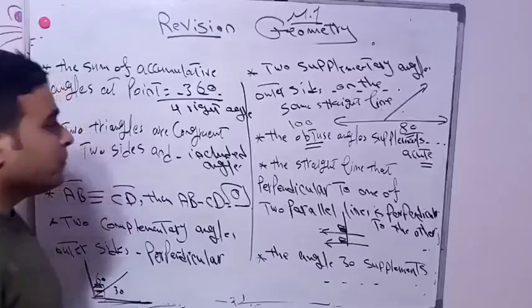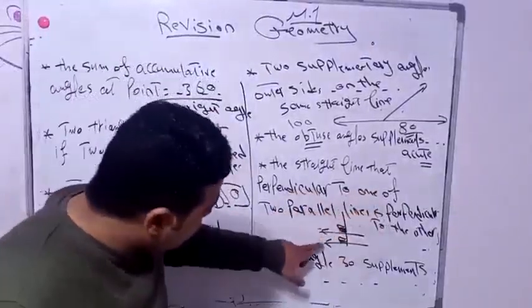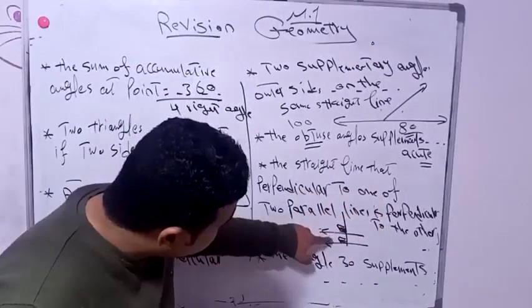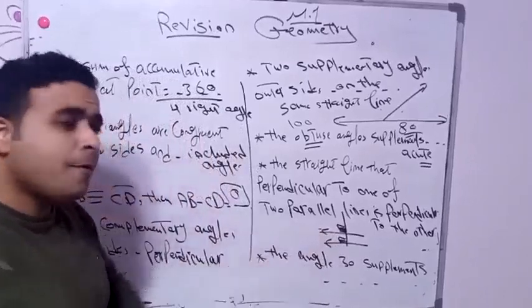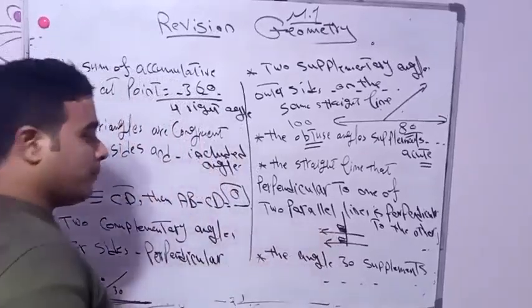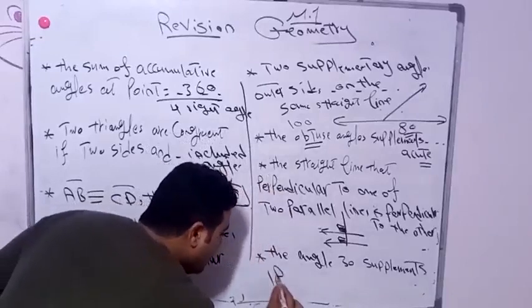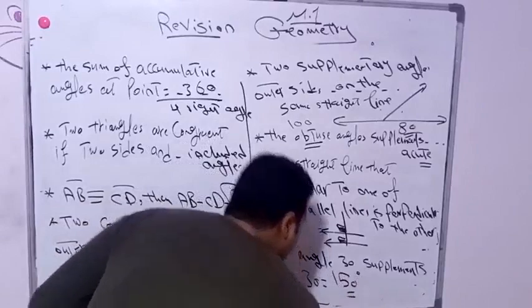I have two parallel lines like this, and a straight line perpendicular to one of them, so it is perpendicular to the other. A straight line parallel to one of two parallel lines is also parallel to the other. The supplement of the angle 30 is subtracted from 180, so 180 minus 30 equals 150 degrees.